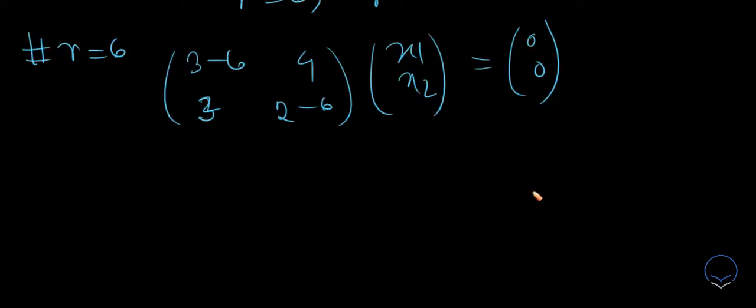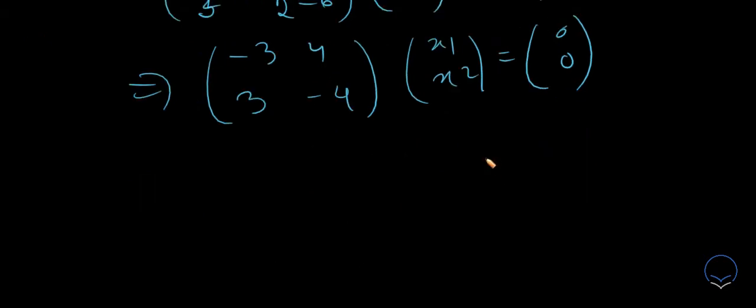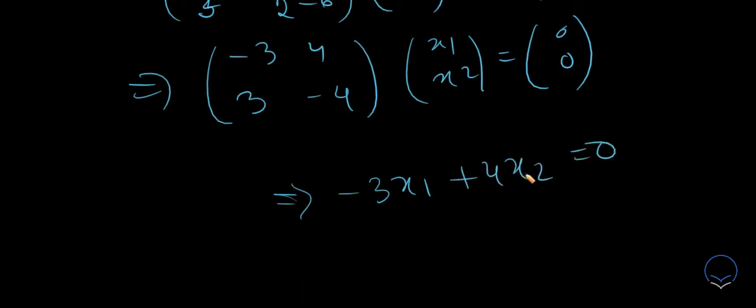So this gives us minus 3 4, 3 minus 4, and x1 x2 equals 0 0, and finally you will have minus 3x1 plus 4x2 equals 0, and 3x1 minus 4x2 equals 0.